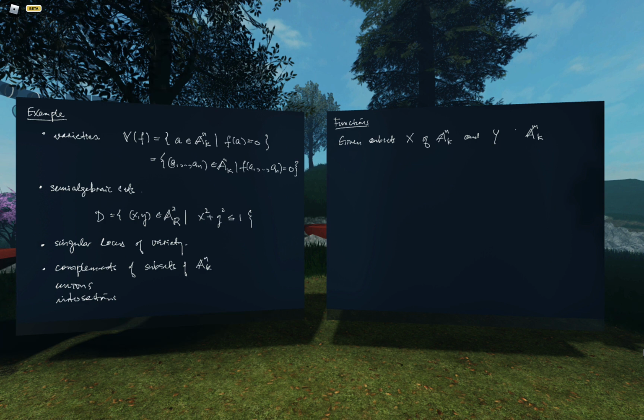We're going to be looking at polynomial functions on n variables, or polynomial functions on affine n-space. It's just going to map to a number, and those are the functions that we know and love. So m is going to be 1 most of the time.